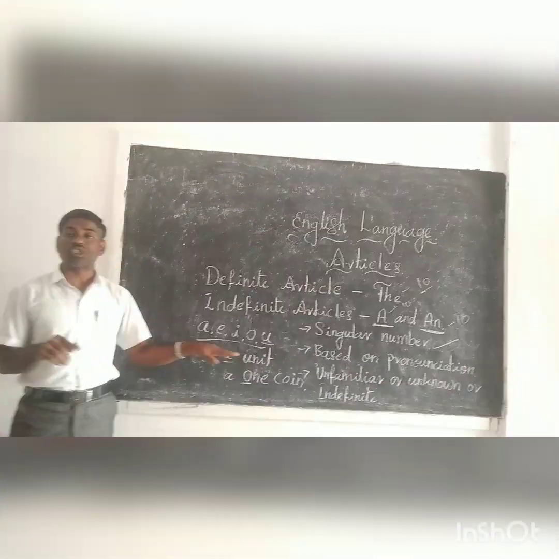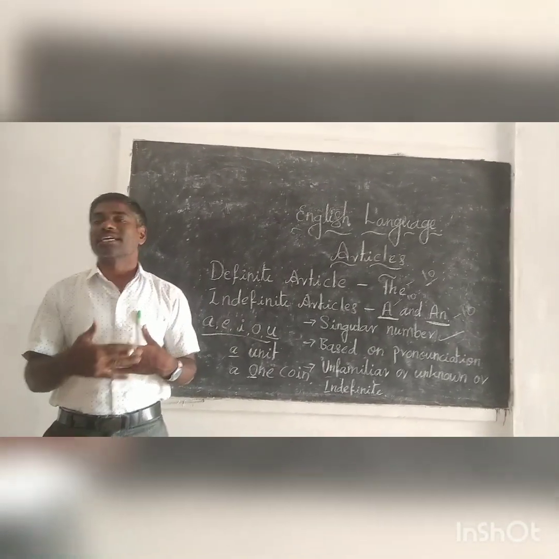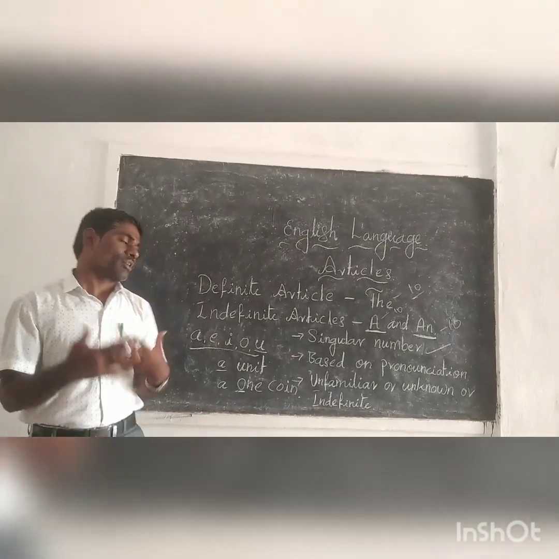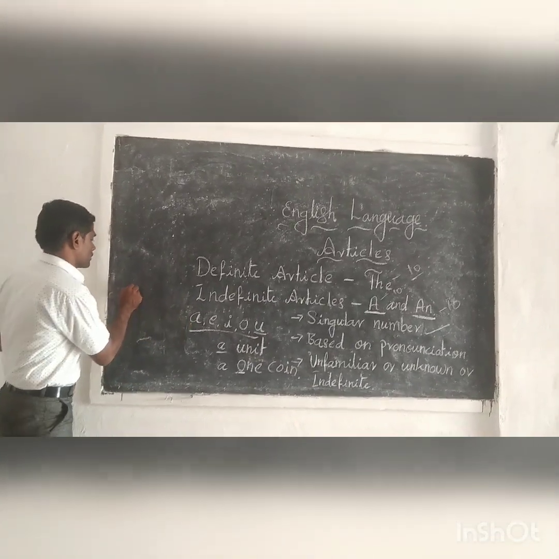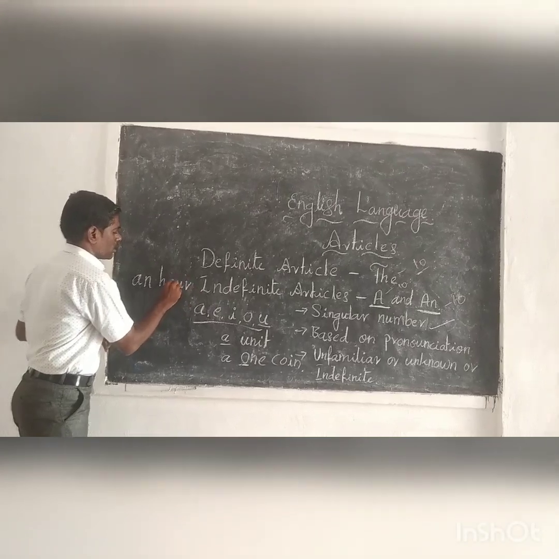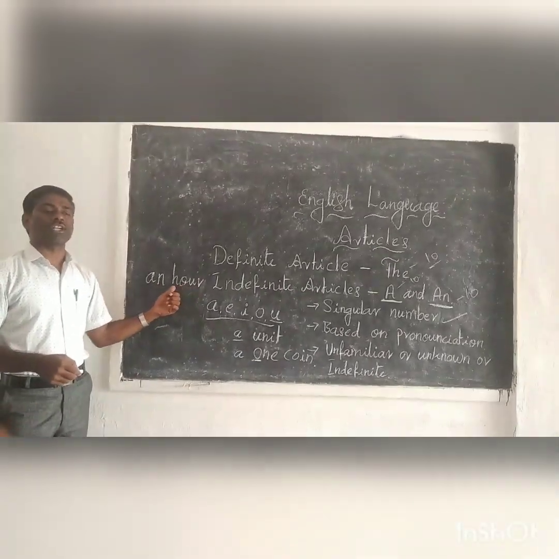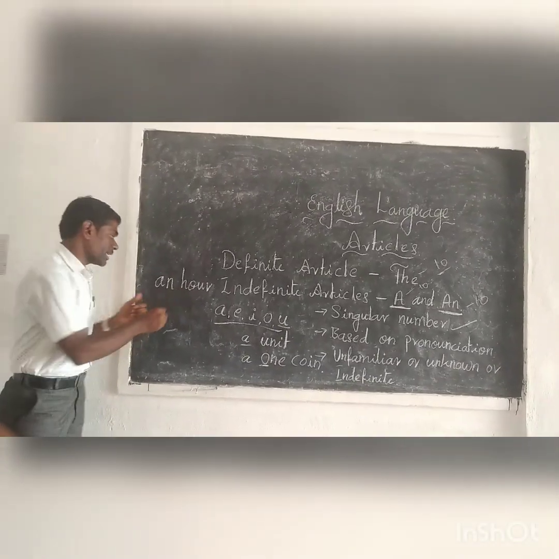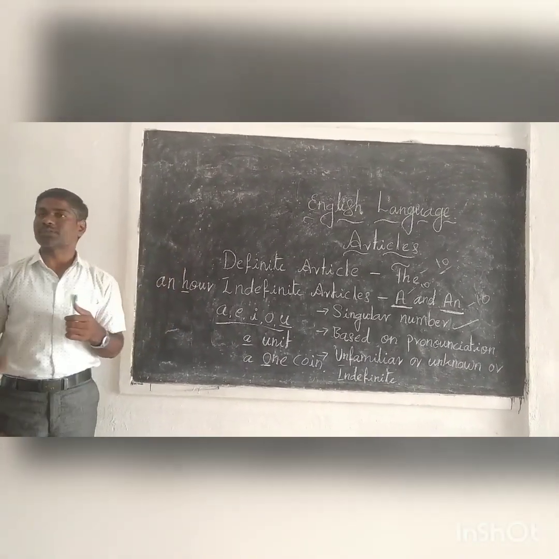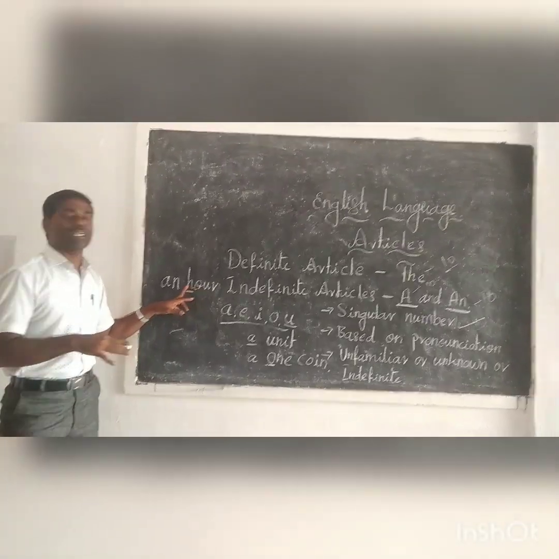Sometimes, even if the word does not start from a vowel, we can use an. For example, an hour. Here the word starts from H. H, as you know very well, is one of the consonants, but here it becomes silent.